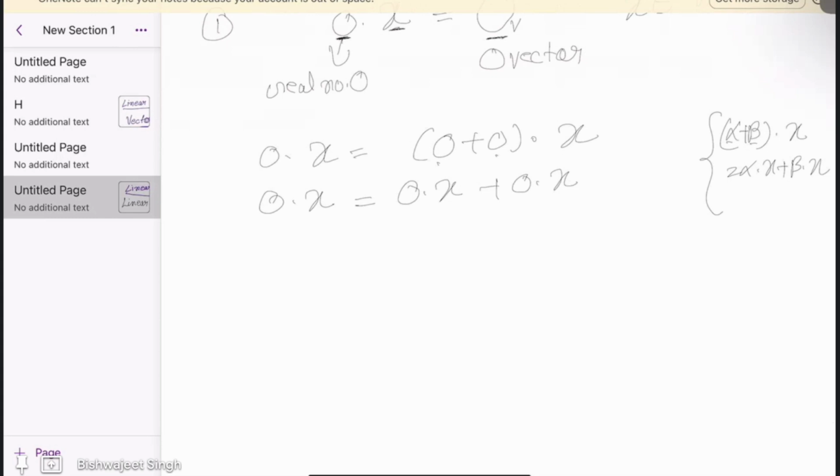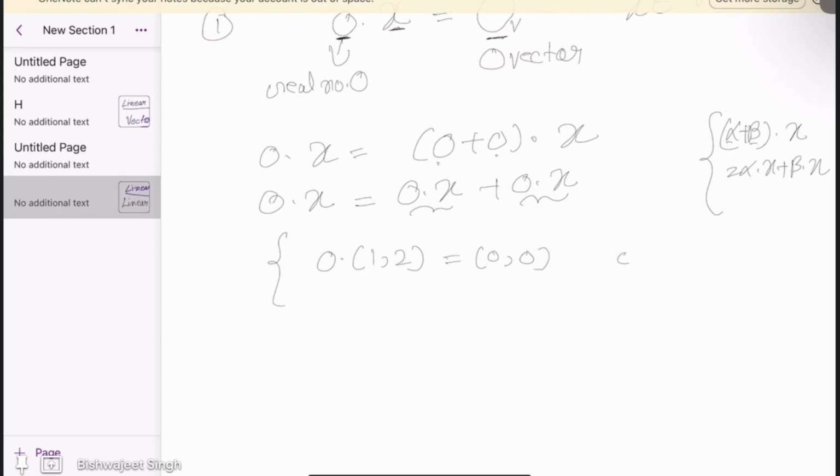Now these elements, this 0 dot x, actually belong to the vector space, because if I multiply 0 with a vector, then I get a vector. I do not get a real number 0. What I'm trying to say is that if I do 0 times (1, 2), I get (0, 0). I'm getting a vector.